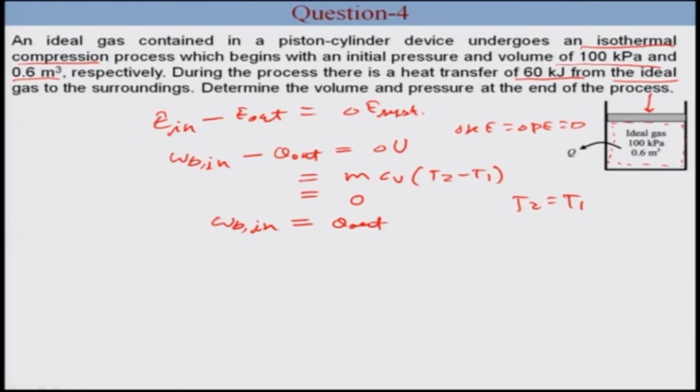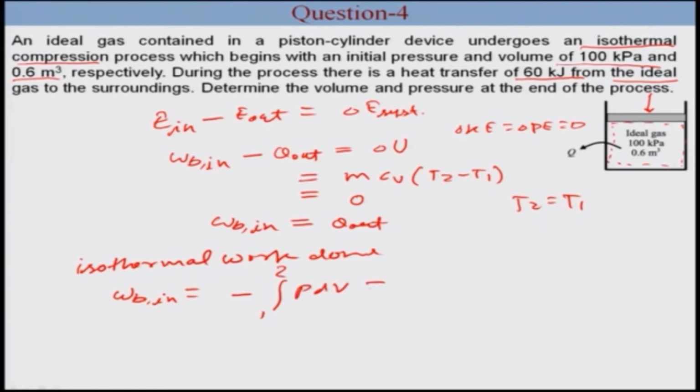We know the isothermal work done W_b in is nothing but the P dV work from state 1 to 2, which is P1 V1 ln of V1 upon V2. So this is the work done during this isothermal compression.